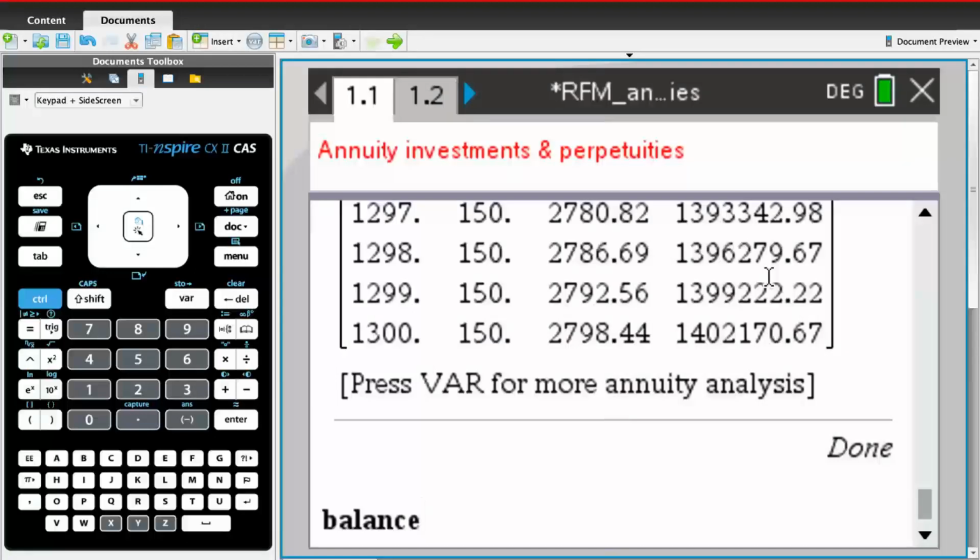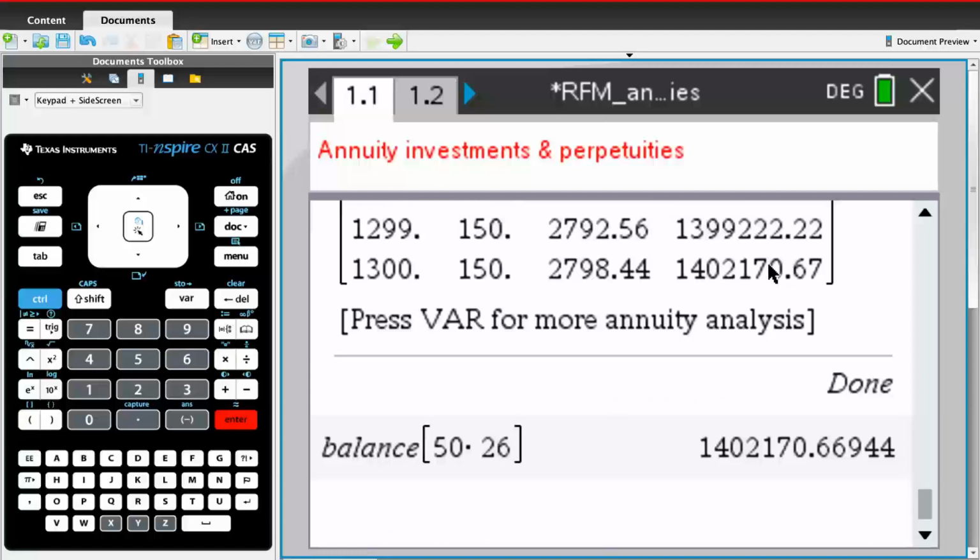So if I said I want the balance of the last value, I would put square brackets. Square brackets are because I'm referencing a particular element in a variable called balance. So if I did 50 times 26, it should give me, as it does, the final balance at the end of the 50 years.